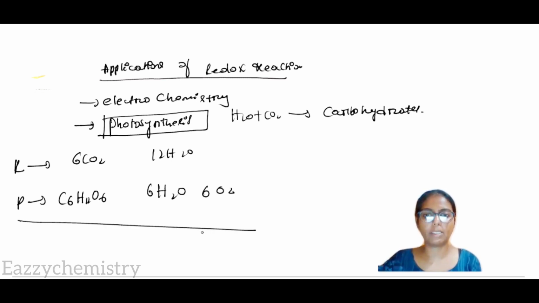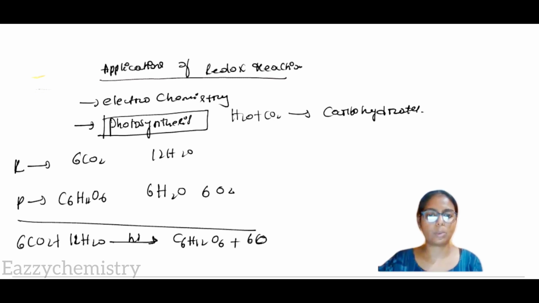If we write the final reaction, it is 6CO2 plus 12 H2O, in the presence of light, it will produce C6H12O6 plus 6O2 plus 6H2O.